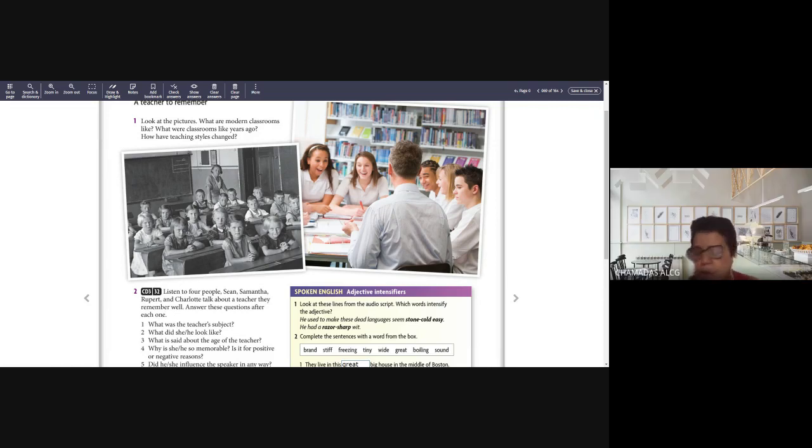And also, the teaching style is not so teacher fronted as it used to be in the past. There is more collaboration from the students, there is more interaction.